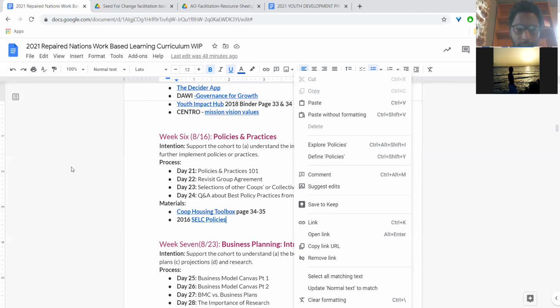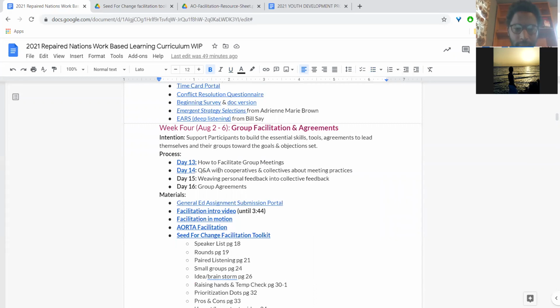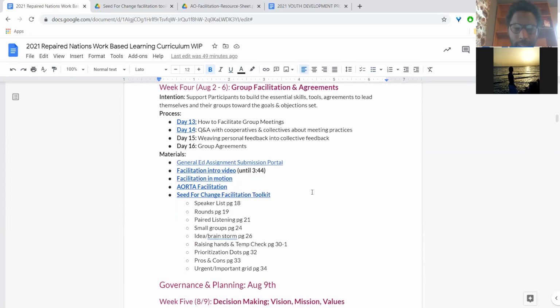Okay. So when looking in the curriculum, you'll see that we're on day 15, weaving personal feedback into collective feedback. We're going to be using this Seeds for Change facilitation toolkit. It has some really great information in here.